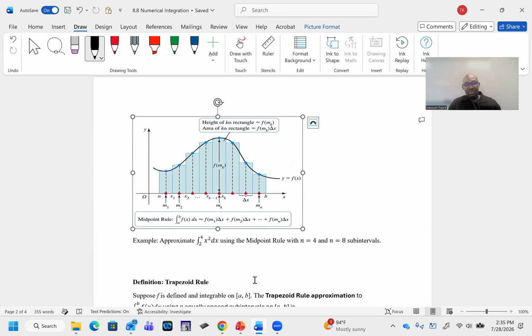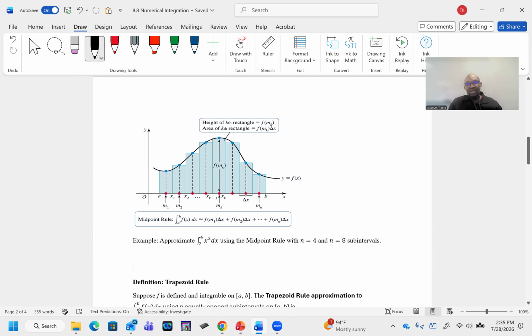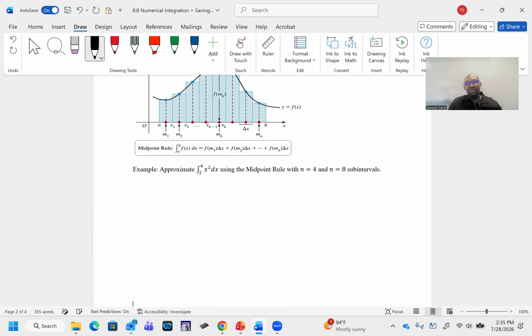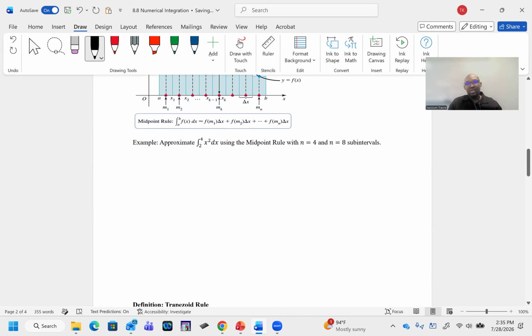Okay, so for example, let's do the first example, which is to approximate the area, the integral from 2 to 4 of x squared dx, using the midpoint rule with n equal to 4 and n equal to 8 subintervals.